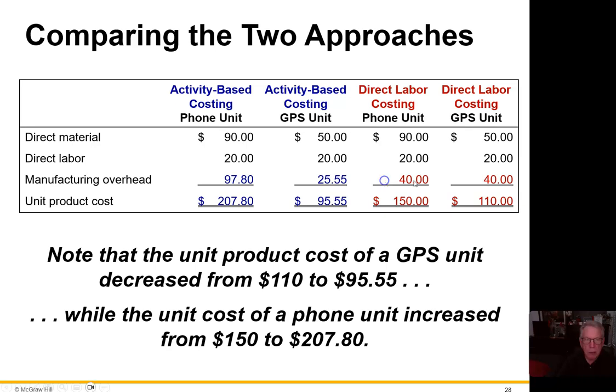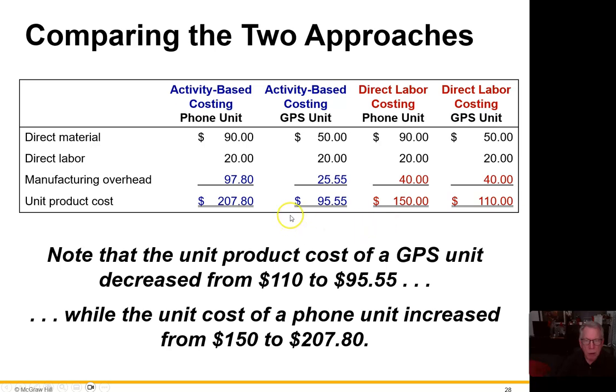Direct labor is the same. I should say this is our traditional costing in these two columns here, which we calculated previously at $150 for the phone unit and $110 for the GPS unit.